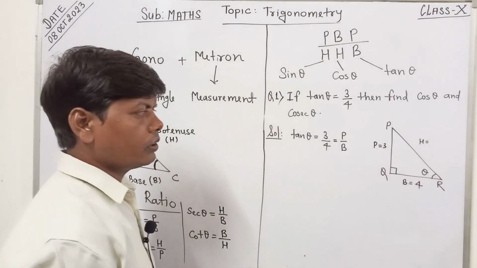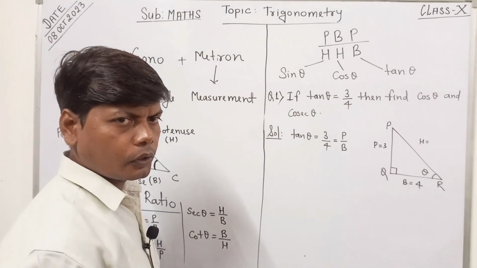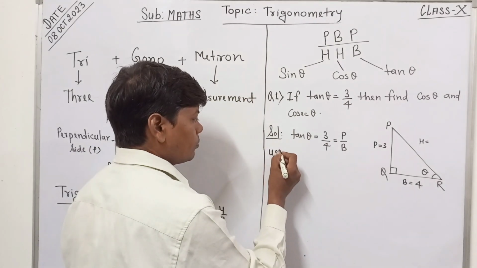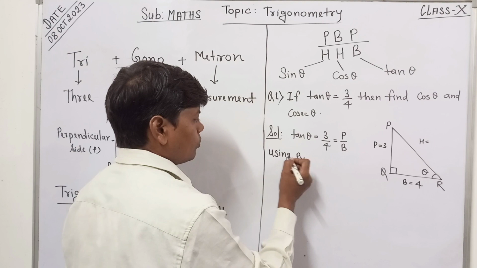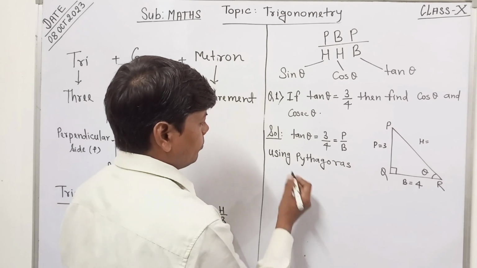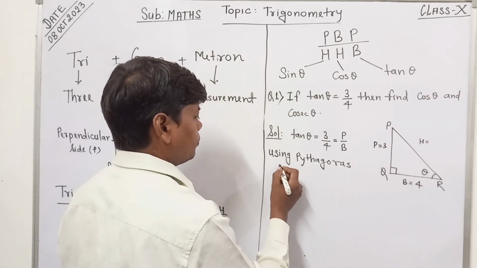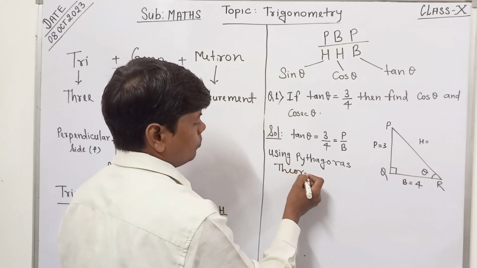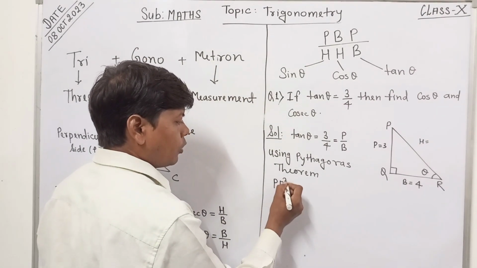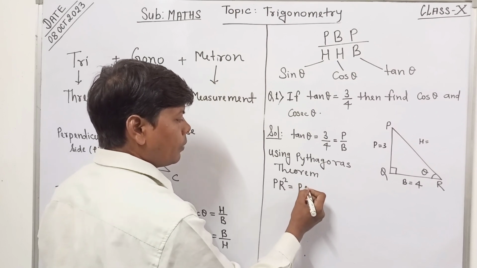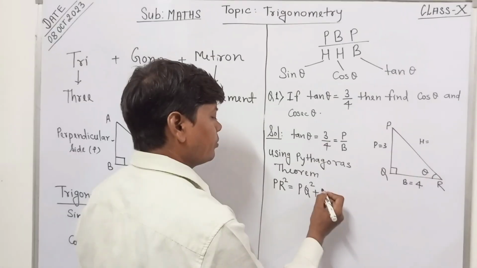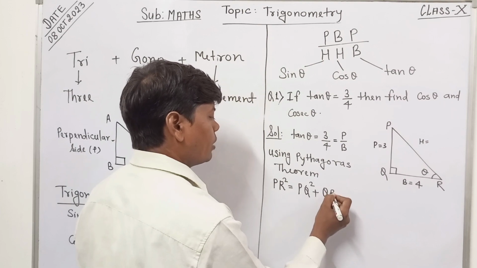Using the Pythagoras theorem, we can find the value of the hypotenuse. The square of the hypotenuse is equal to the sum of the squares of the remaining sides. So PR square equals PQ square plus QR square.